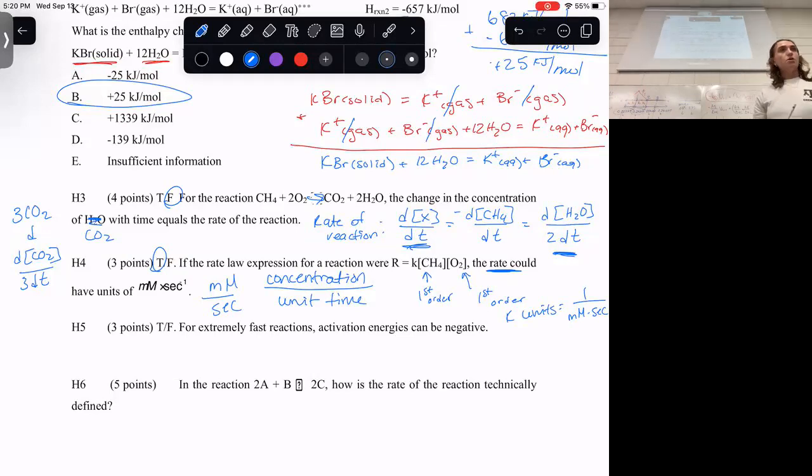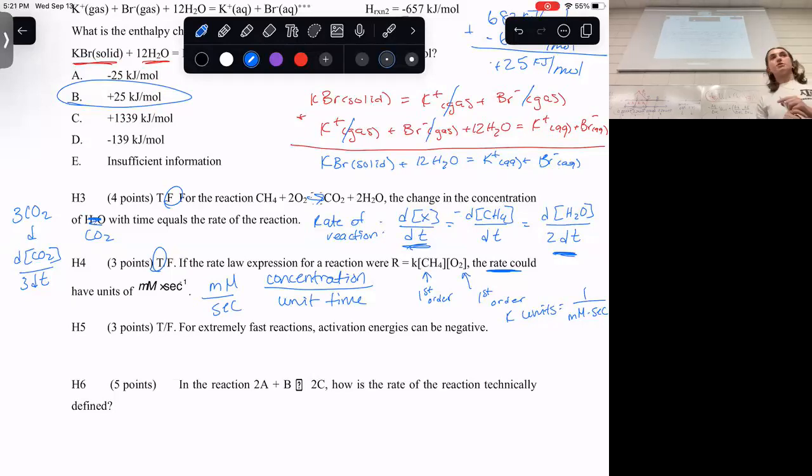So we have 1 plus 1 is 2. If you had one first order and one second order, that would be 1 plus 2, so overall 3.